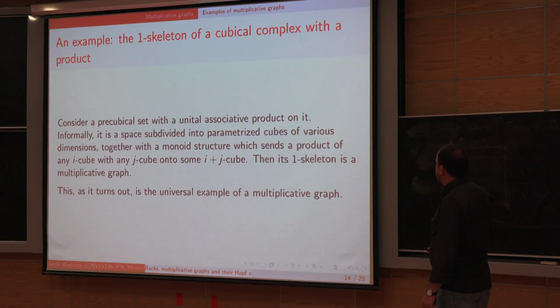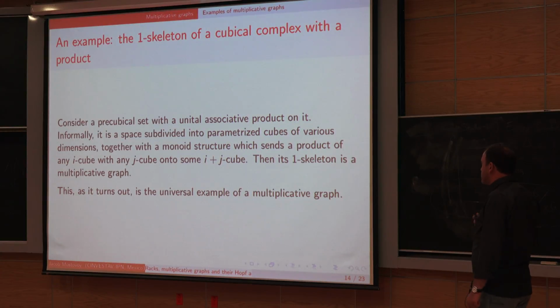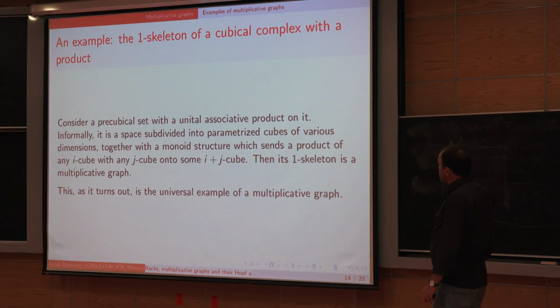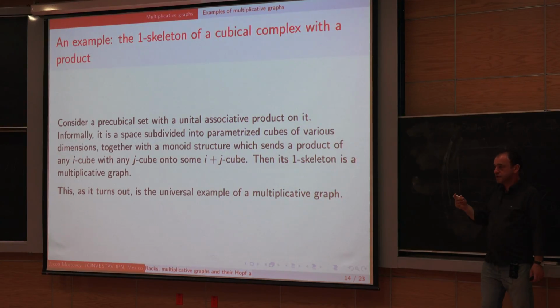So this is really where the differential graded subject appears. A cubical complex is a pre-cubical set. When you speak about cubical sets, you speak about sets that have two kinds of maps, degenerations and faces.